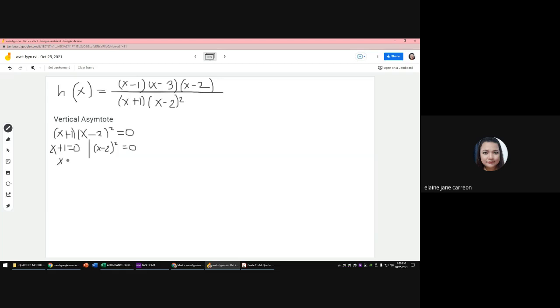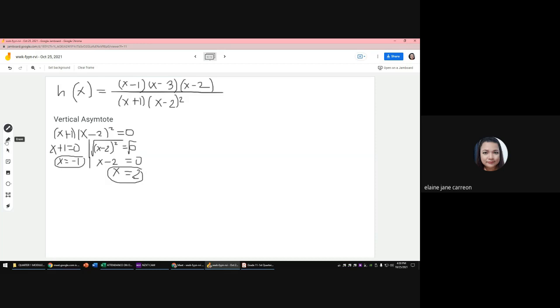X is equal to negative 1 and x is equal to, paano matatanggal si square? Eh, di extract mo pareho ng square root. Eh, ang square root ni 0 ay 0 pa rin. So, tanggal na. X minus 2 ay 0. And then, lipat sa kabila si 2, magiging x is equal to positive 2. So, ang ibig sabihin, ang vertical asymptote ay x is equal to negative 1 at x is equal to positive 2. Yan yung mga vertical asymptote.